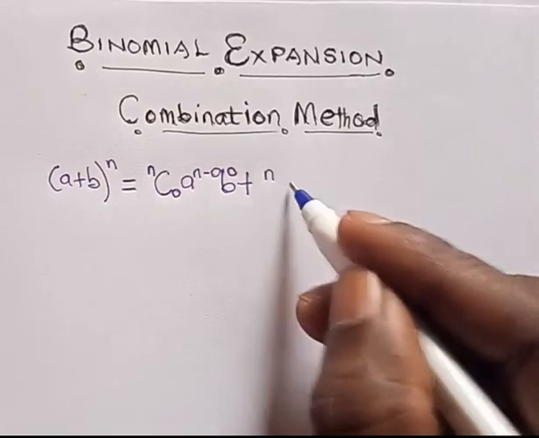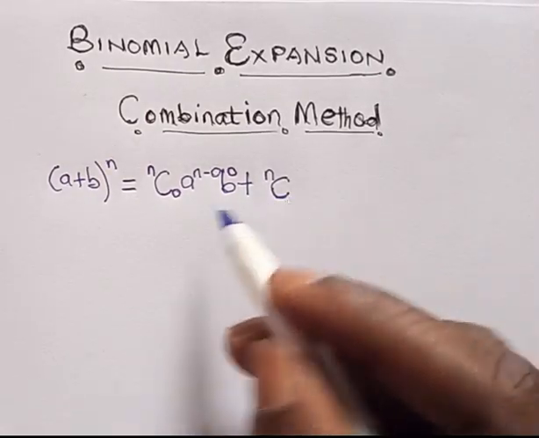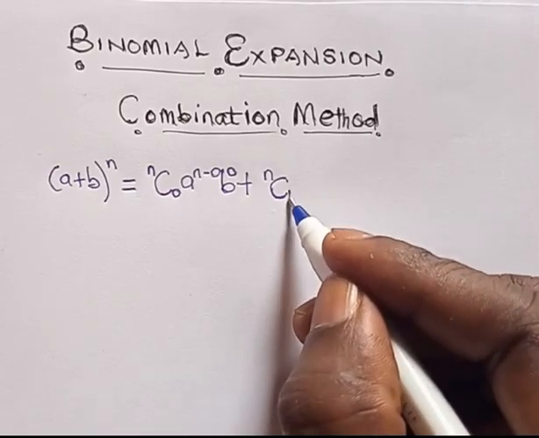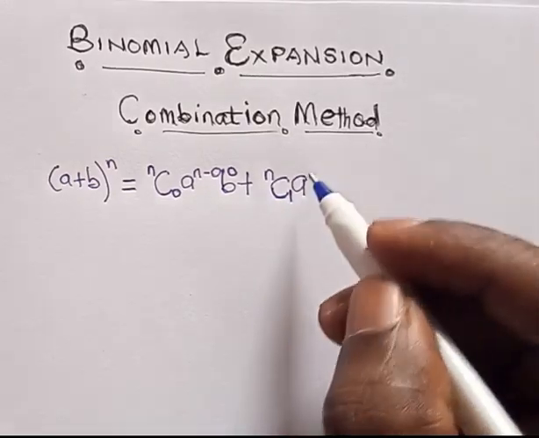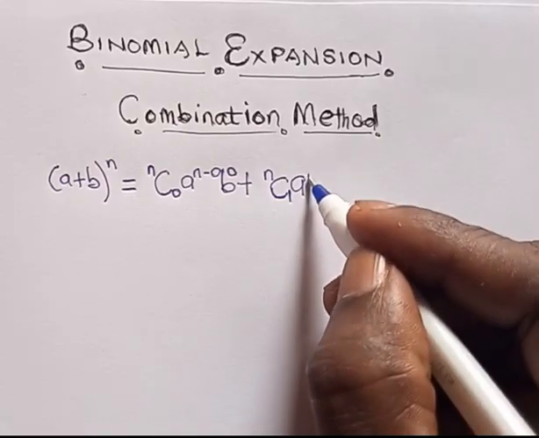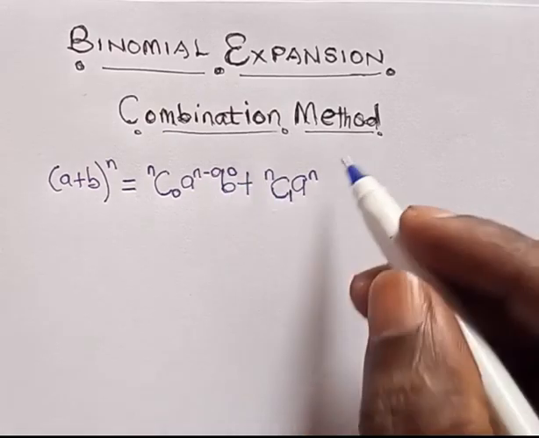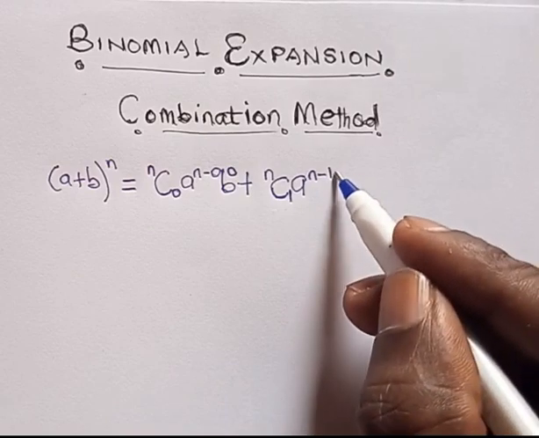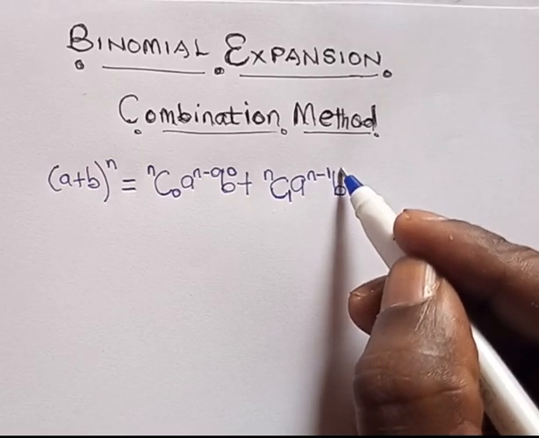Then n combination. What do you think the base will be, since we started with 0? The base will be 1. And then a, and then n. This time we wrote 0 here, so here will be 1. And then the b exponent is also 1.